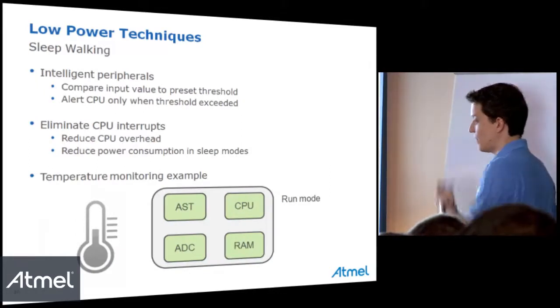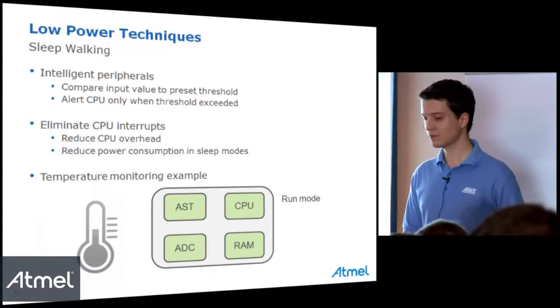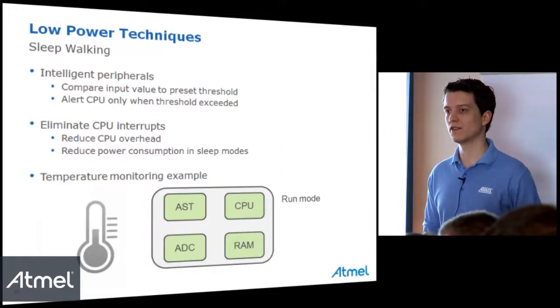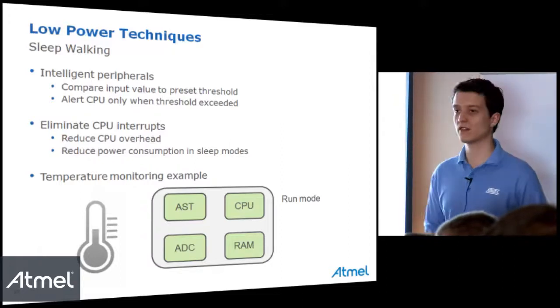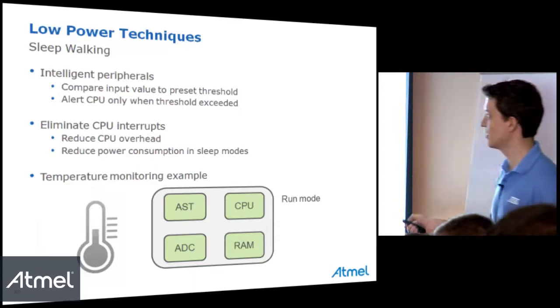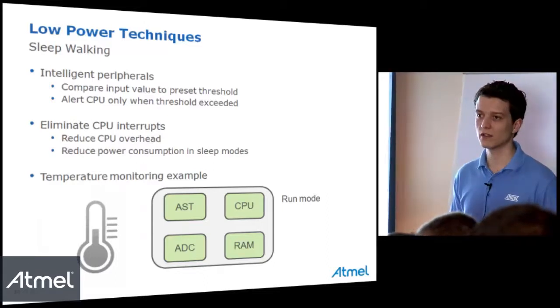A derivative of the peripheral event system is the sleepwalking. Some of the peripherals that can be used in the peripheral event system can act as asynchronous peripherals. These are called sleepwalking peripherals. These peripherals are mainly intelligent peripherals.